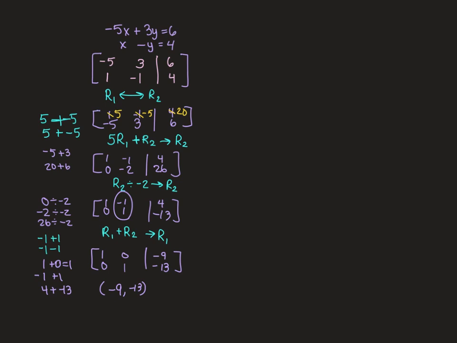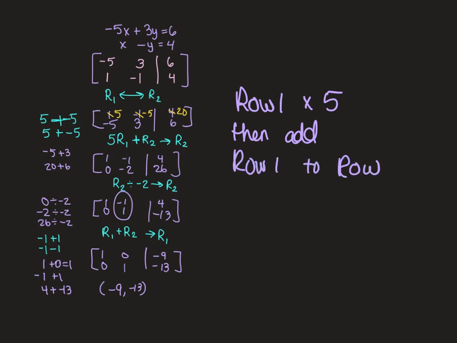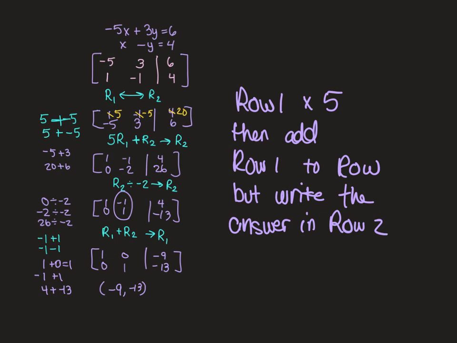Did you say take row 1 times 5, then add row 1 to row 2, but write the new answer in row 2? I know, it's crazy, isn't it? Row 1 times 5 plus row 2. When you get that answer, it's going to go in row 2 spot right there.